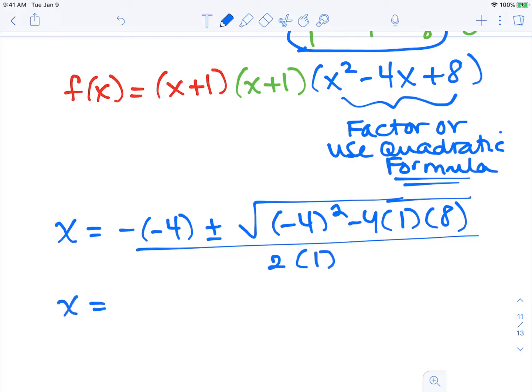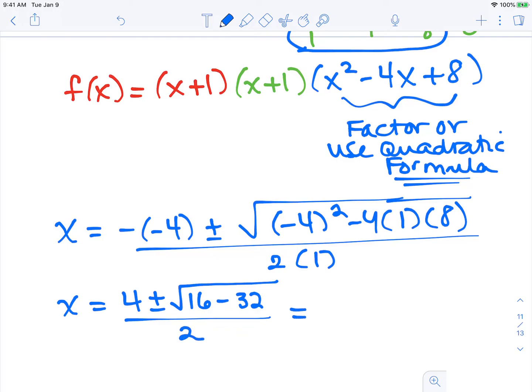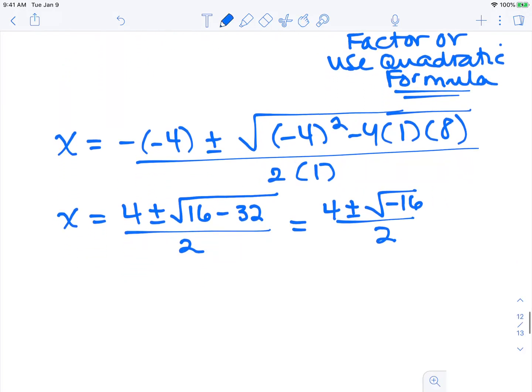Simplify. -4 is +4. Underneath the radical, 16 minus 4 times 1 times 8 is -32. Divided by 2. Continue simplifying. Underneath the radical, so you're going to get -16 divided by 2. Uh-oh, we have a negative square root, so that's an imaginary number, complex number.